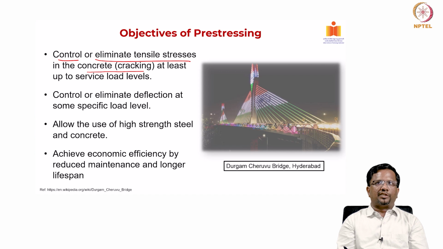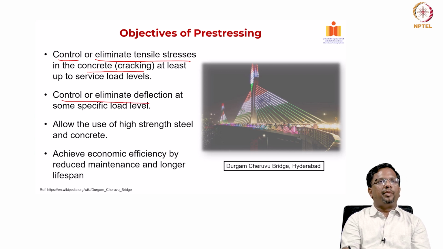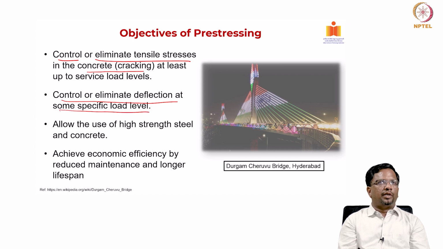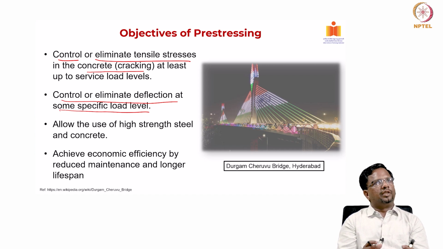So, that is the whole essence of pre-stressing, or we can say control or eliminate deflection also at some specified load level. Again, deflection is related to the curvature. If you have more cracking, you will have more curvature of the sections, then you will have more deflections. Again, if I am able to limit the cracking, then I can also reduce the deflections under service loads.